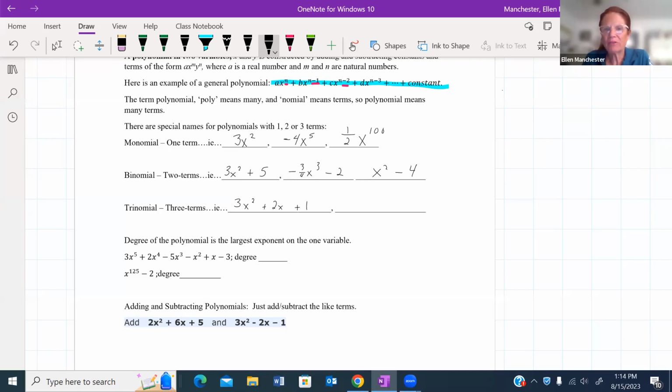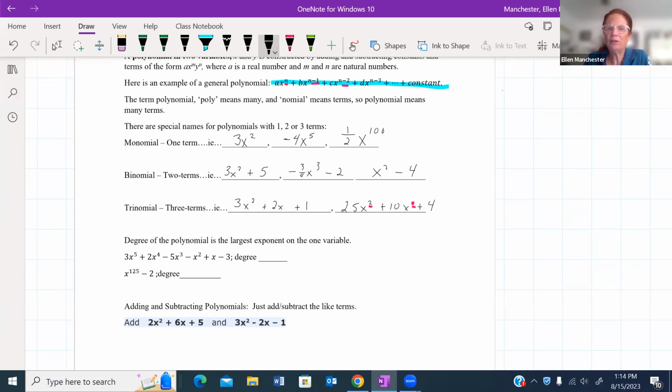So I could have 25x squared plus 10x plus 4. The exponent is what determines the descending order, because this is x to the 1st power. So 2, 1, 0. So that is in descending order. Okay, so a trinomial, I have 3 terms.